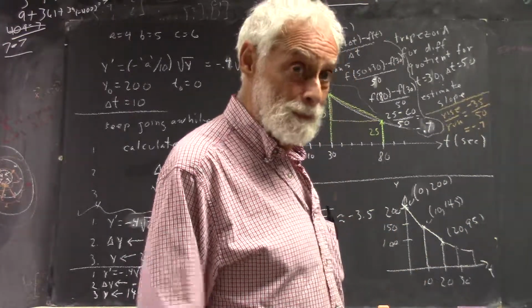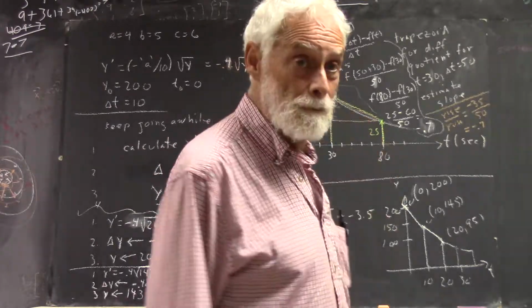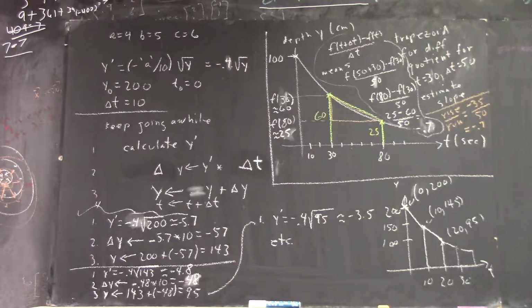So wait, what is the definition of the difference quotient? What does it represent? It represents the average slope between those 2 points. And its limit as delta t goes to 0 is the instantaneous slope at the point, which we'll calculate in a minute.